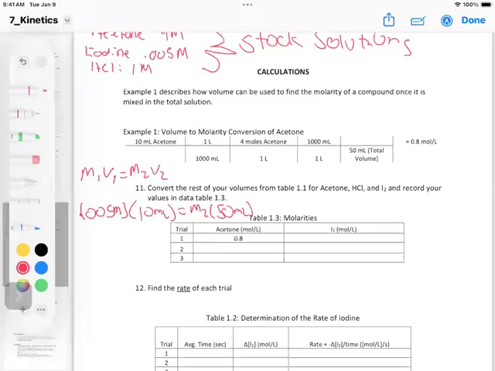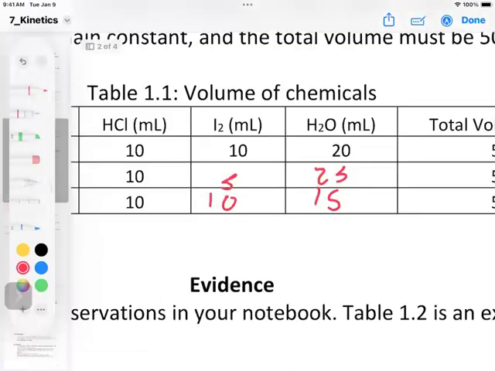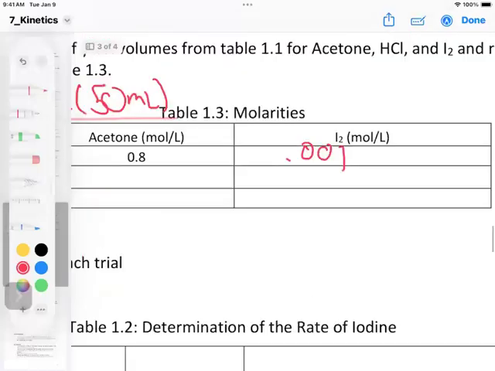Once I do that, I should get 0.05 equals M2 times 50, and dividing, I get 0.001 molar equals M2. That should be true whenever we use 10 milliliters of iodine, which also occurs for trial 3. Trial 3 will also be 0.001.